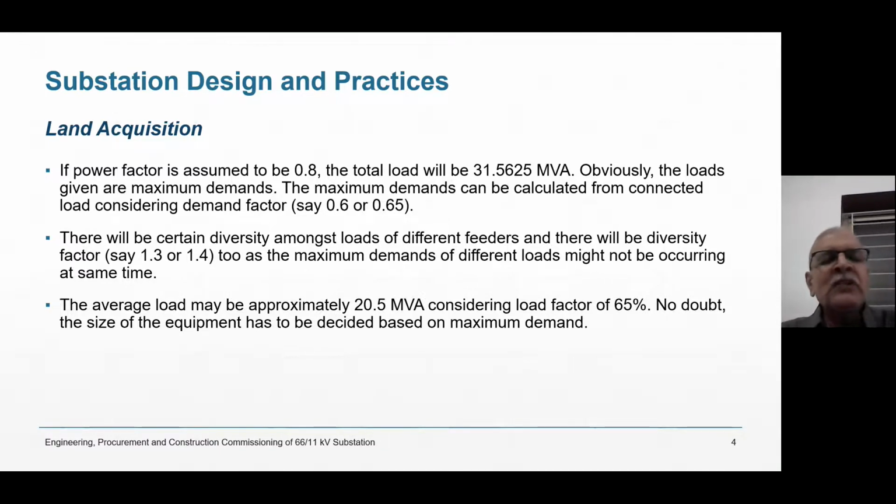Obviously you have to understand that for the whole day, the load is not going to be the same. 1 megawatt or 1.75 megawatt is not going to be there all the time. That load is the maximum load in the load curve, and your substation has to cater for that maximum load. So this 31.5625 MVA is the capacity of the substation. Maximum, so much load will be there.